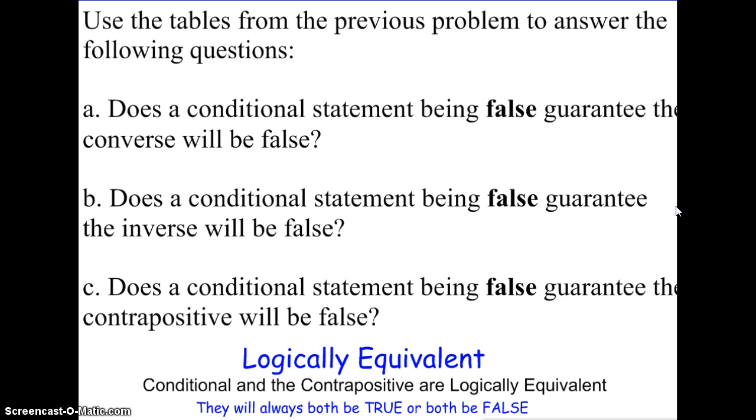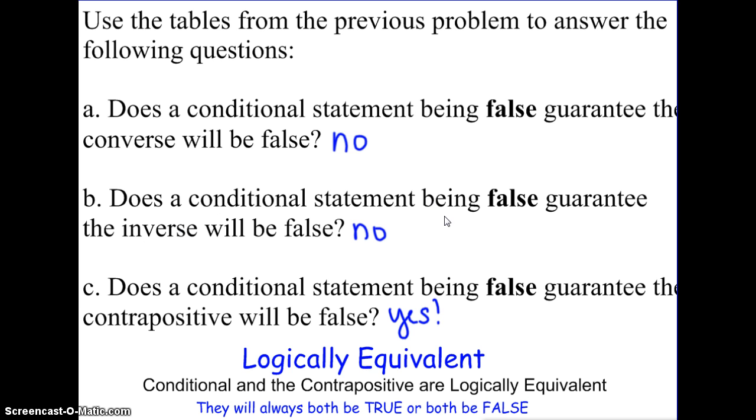So let's look at those two previous examples. Does the conditional statement being false guarantee that the converse will also be false? The answer to that is no. Does the conditional statement being false guarantee that the inverse will be false? No. And does the conditional statement being false guarantee that the contrapositive will be false? And the answer to that is yes.